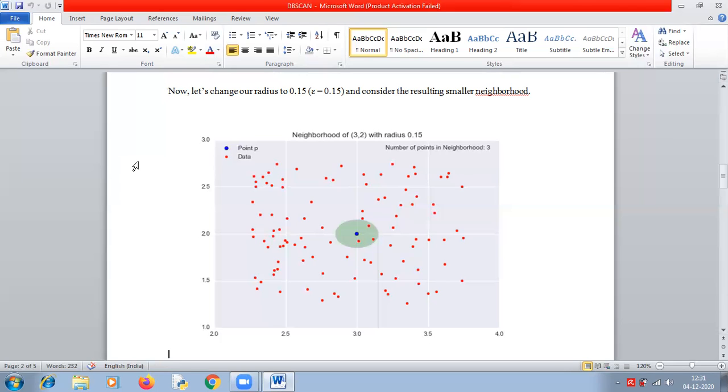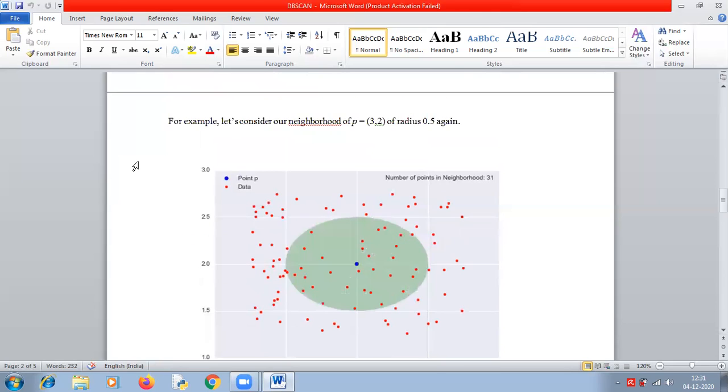In the 2D case, the neighborhood is a circle, so the volume is just the area of the circle. In the 3D and higher dimensional case, the neighborhood is a sphere or n-sphere, so we can calculate the volume of this shape. For example, let's again consider our neighborhood of point (3, 2) of radius 0.5.